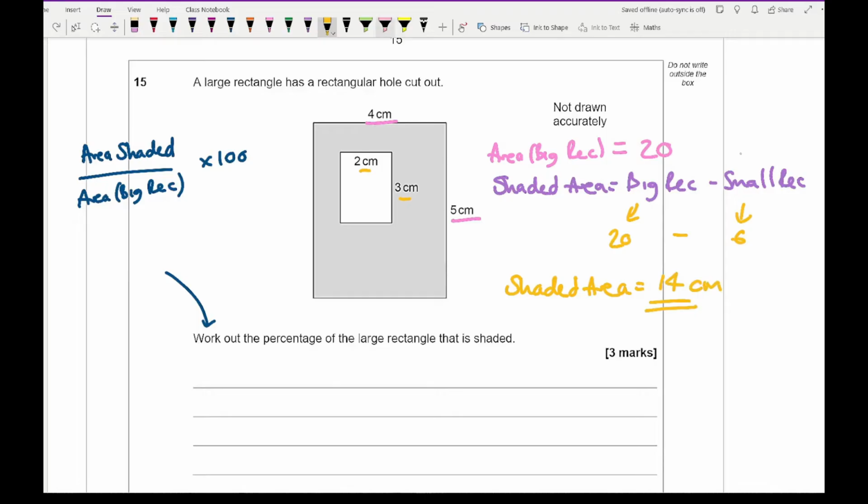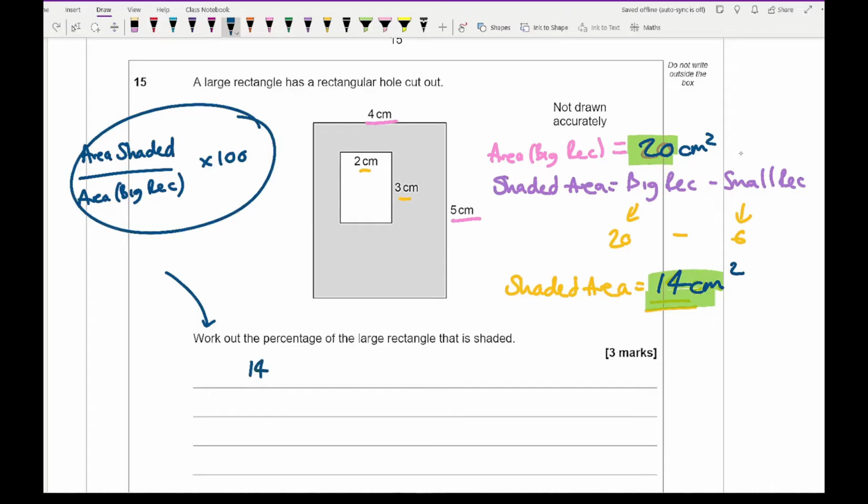So then what we can do is, using these two numbers here, substitute them into the formula. I've got 14 over 20 multiplied by 100.